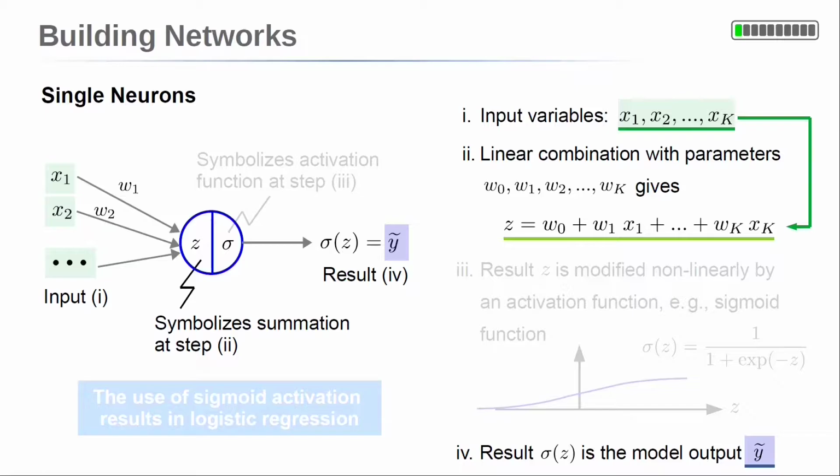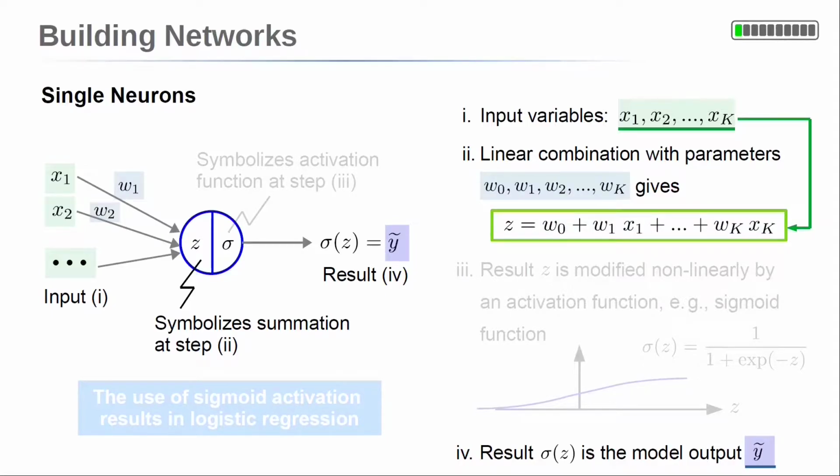Thereby, each input variable is multiplied by an individual factor w. So, x1 is multiplied with a factor w1, x2 is multiplied with a factor w2, and so on. X capital K is multiplied with a factor w capital K. The resulting terms are summed up, and a y-intercept parameter w0 is added.